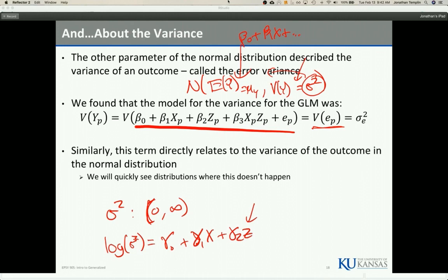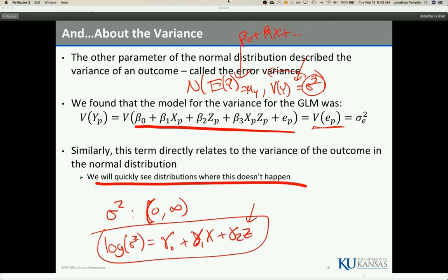We don't typically do that. We don't get into that because in the classical sense, when we use least squares to estimate our linear regression, there's no place for this. But if we flip over to maximum likelihood, which is a pretty direct flip, we can do this just as easily as we can predict the mean itself because there's a spot for it in the model. But we're going to see today that for most of these distributions we work with, the variance itself is some function of the mean.